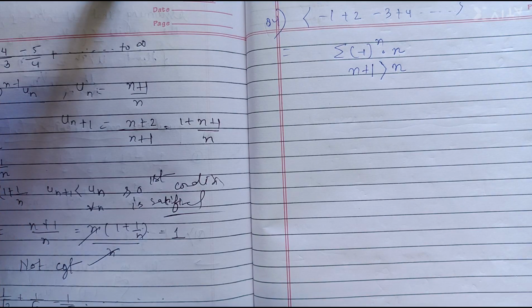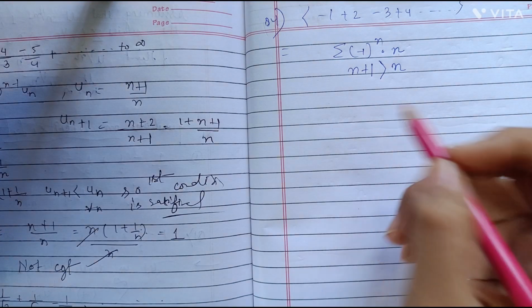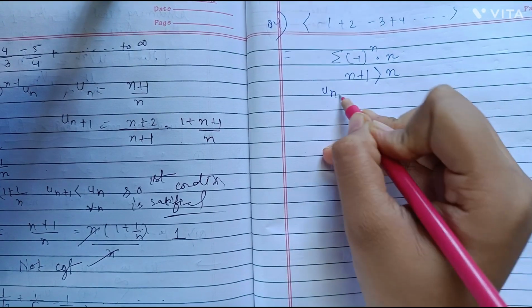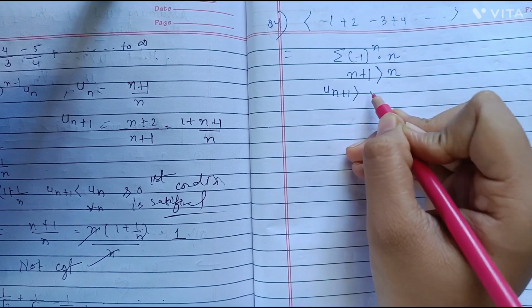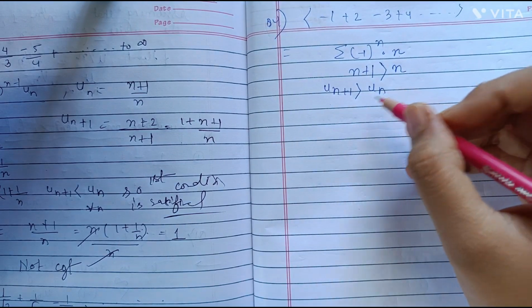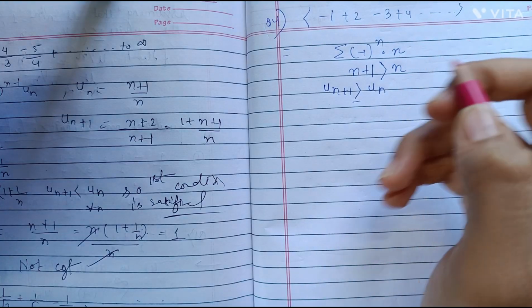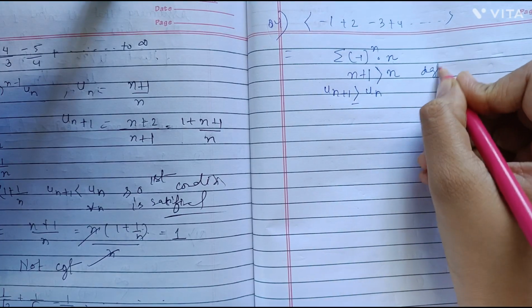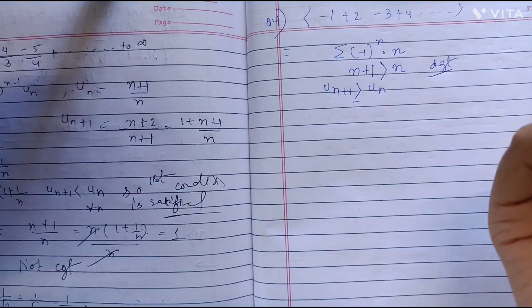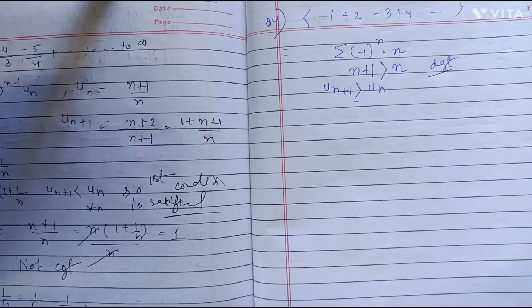You agree or not? So here un plus 1 is greater than un. So it is increasing, monotonically increasing. So this is not going to be convergent. So this is divergent because the first condition is unsatisfied. So this is divergent. Okay.